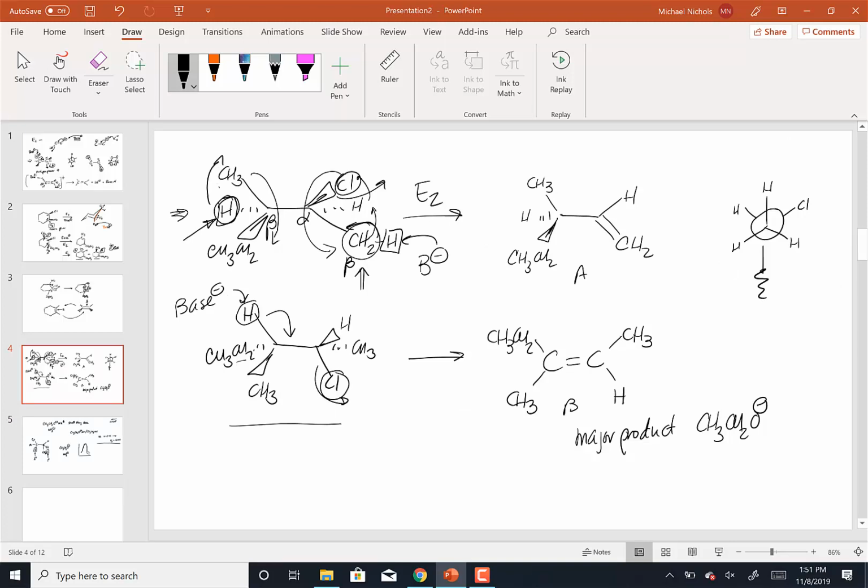I want to make product B. I have another reagent that'll make it. And so what kind of base will make A only? A big base. So we'll start on Monday with tertiary butoxide, large sterically hindered bases.